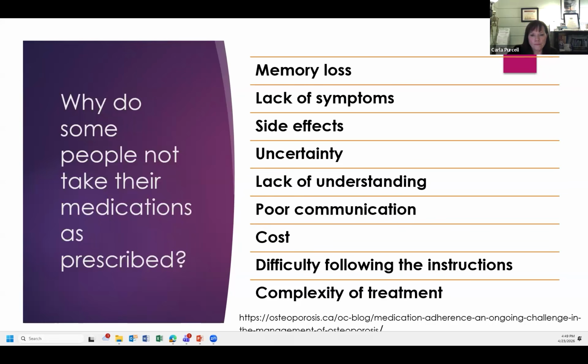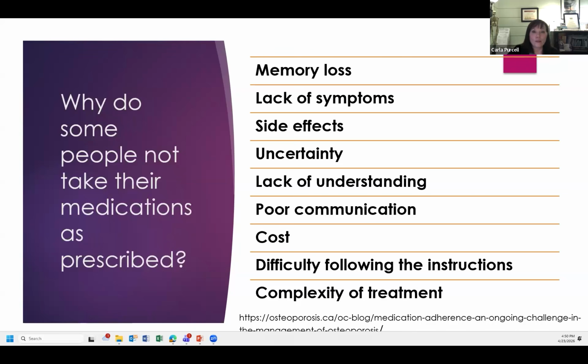Some people have uncertainty about the benefit of the medication or treatment, or prefer a natural approach. With the osteoporosis medications, the natural part is very important, but sometimes the medication has to be partnered with that. So I think both things actually come into play there. Sometimes it's poor communication between you and your provider about the importance of the medication.